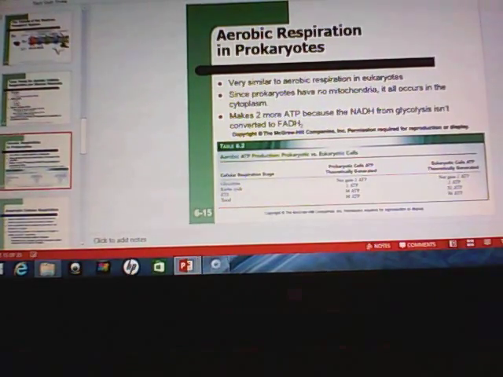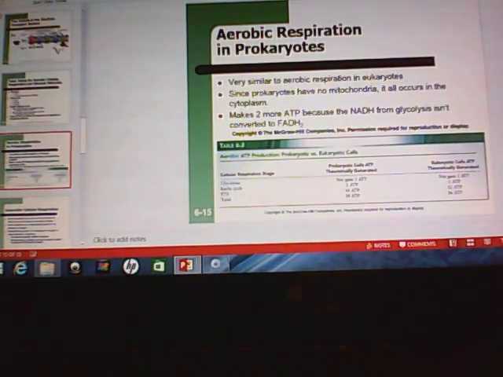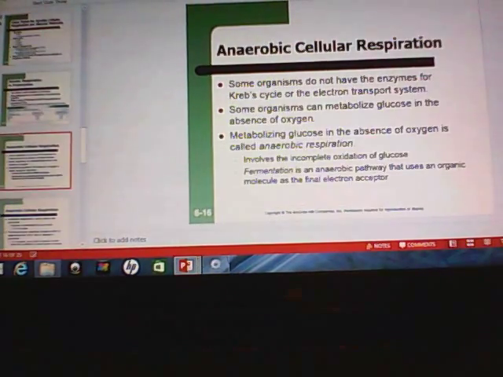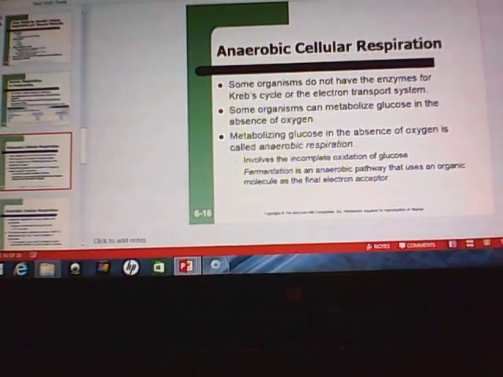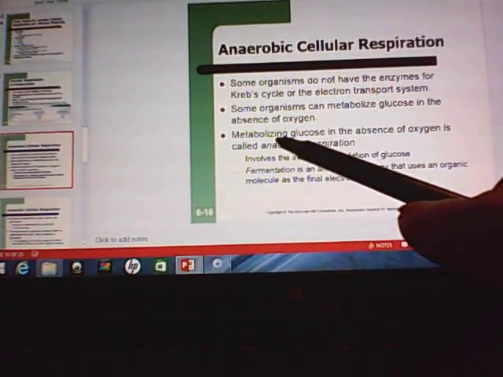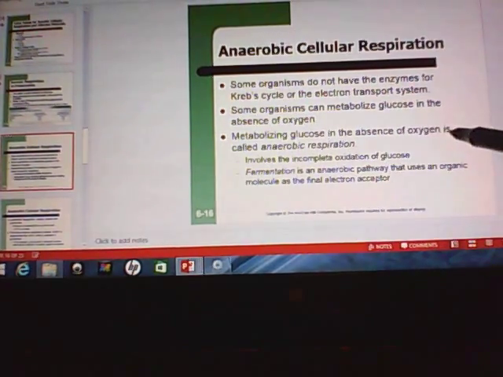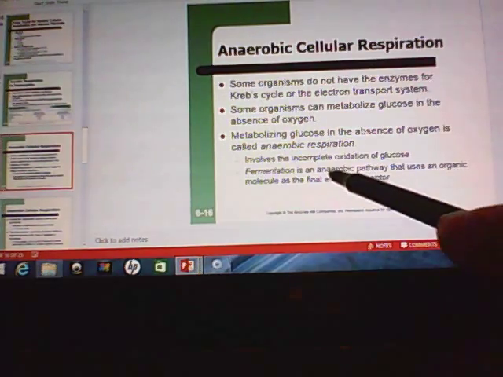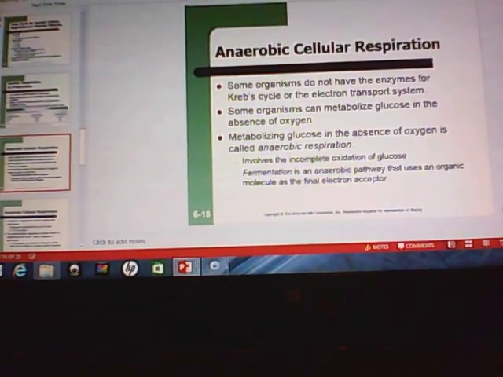They talk about respiration in prokaryotes. I do talk about on the test metabolizing glucose in the absence of oxygen, which is anaerobic respiration, and it happens in a process called fermentation.